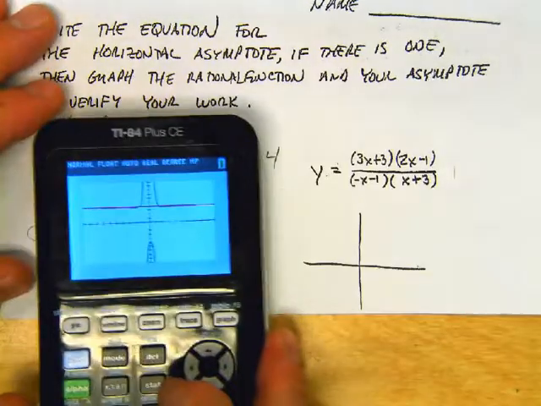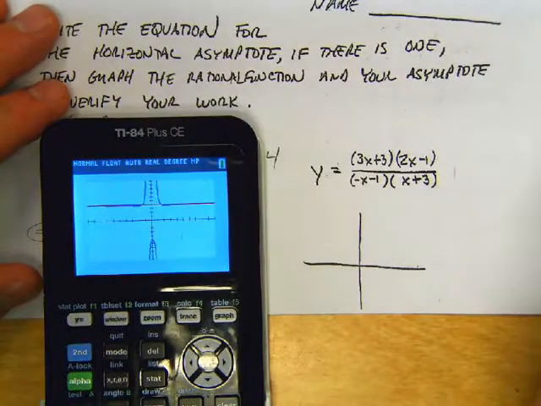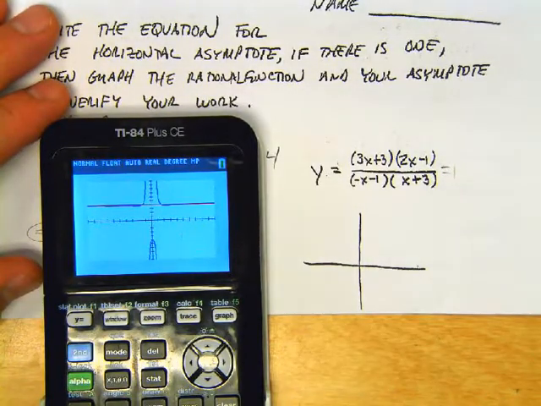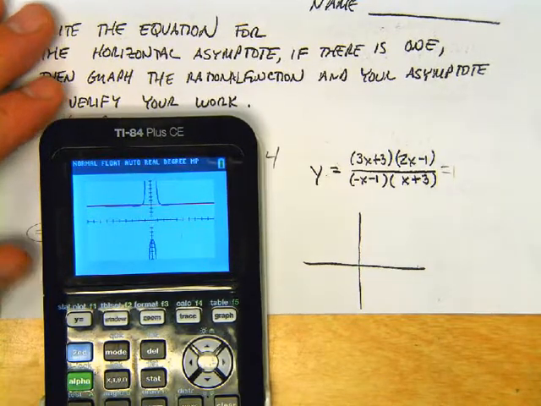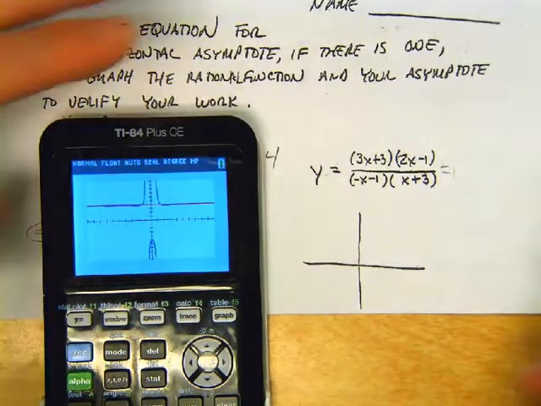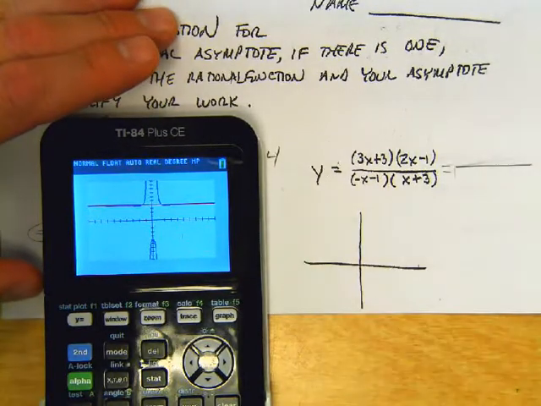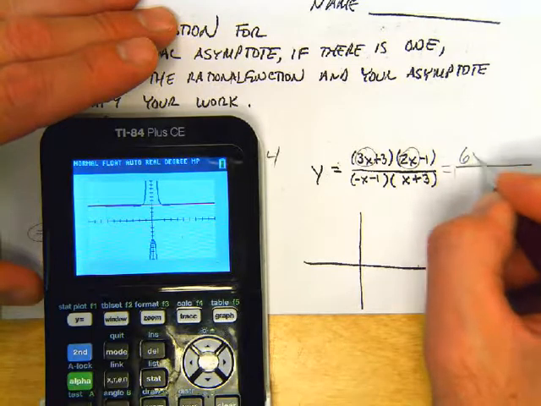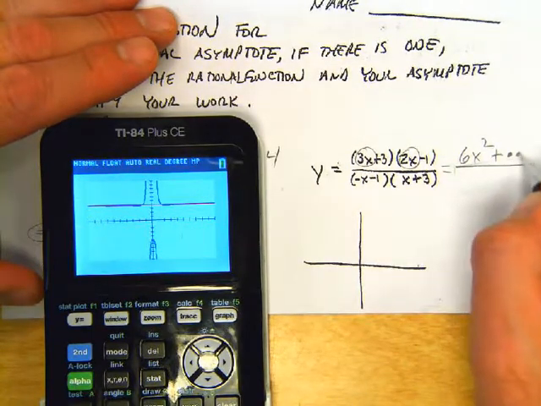Next, let's look at this one. Well, this one is in factored form, not standard form. So in order for us to find the horizontal asymptote, we need to find the lead terms of the numerator and denominator. So we could do that by multiplying the lead terms. So this would be 6x squared. We don't need to multiply the rest of it out.